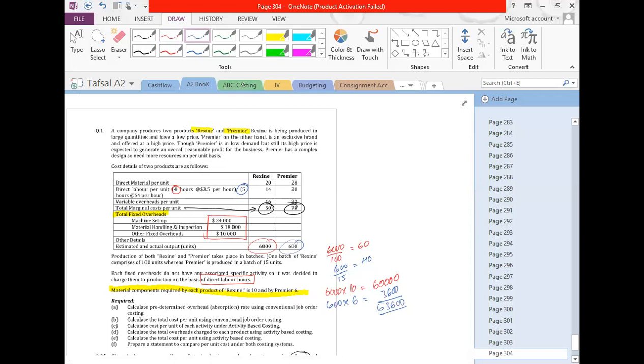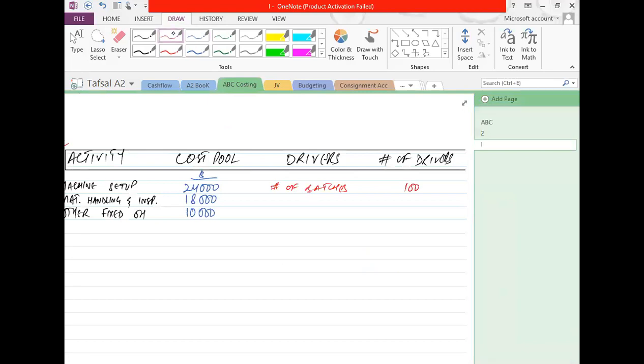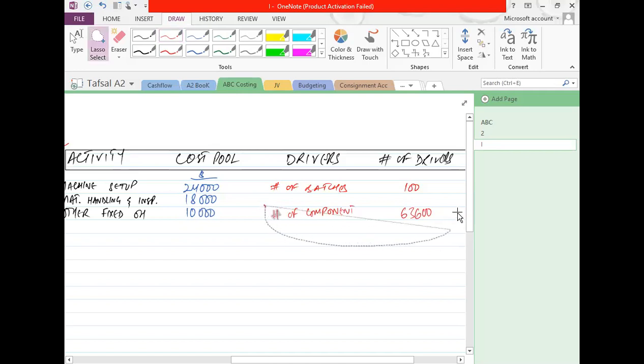The component required. This is for material handling.